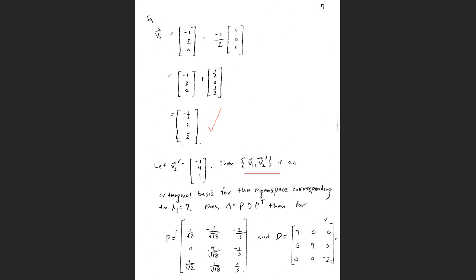So the set of vectors V1 and V2 prime is an orthogonal basis for the eigenspace corresponding to lambda 1 equals 7. And now all I have to do is normalize my vectors in the matrix P.